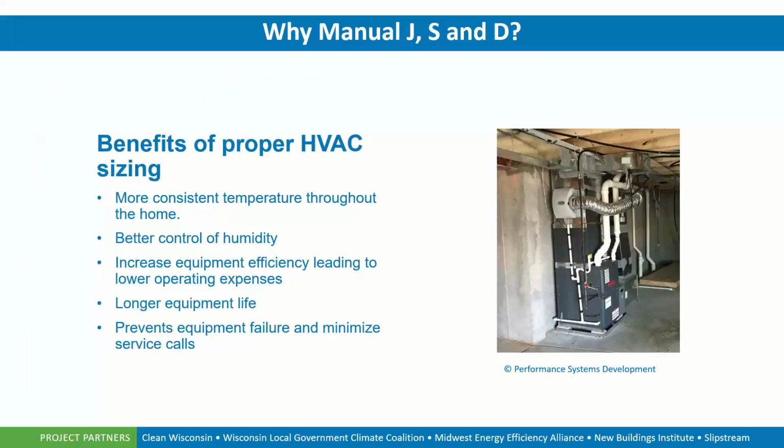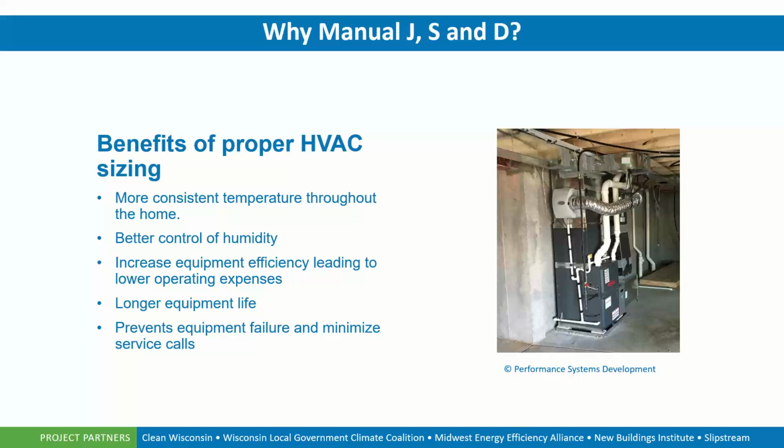Proper benefits of a properly installed system. Again, right sizing has major benefits to everything that we mentioned. More consistent temperature. We can control the humidity better. We have an increase in equipment efficiency because it's designed for the application, so it can lower our operating expense.